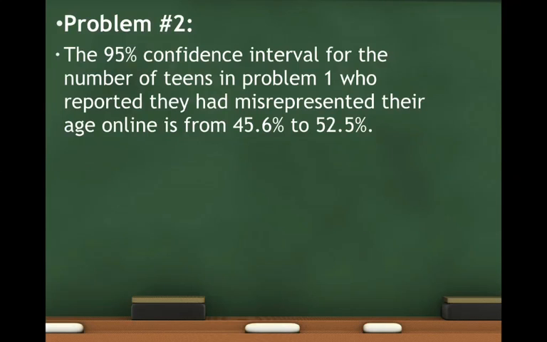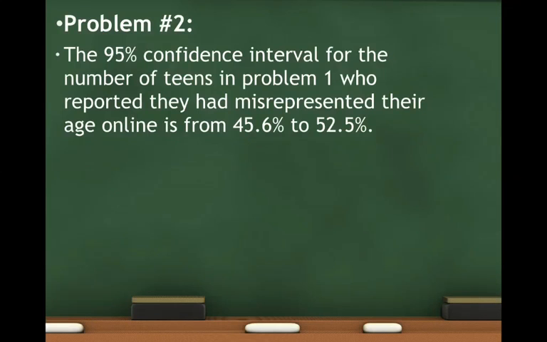We're going to keep looking at problem 1 with our sample size of n equals 799. Our p hat is going to stay as 0.49. Let's say we found a 95% confidence interval, and this is what we got. What is that confidence interval telling us right here?